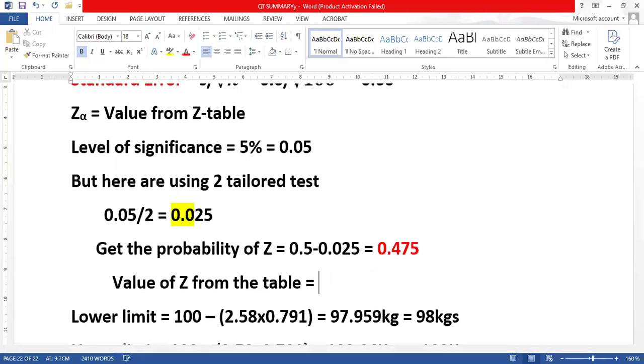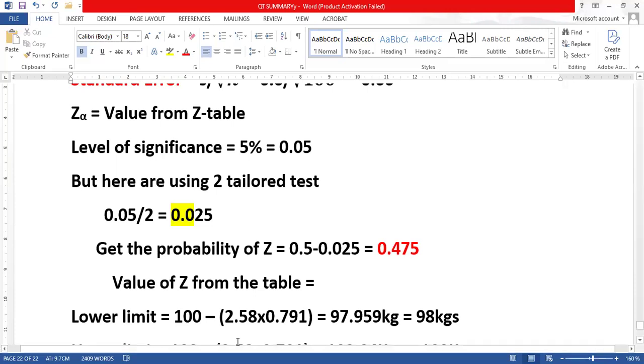Excuse me, please. I thought for that step, you look at the level of significance that you have.